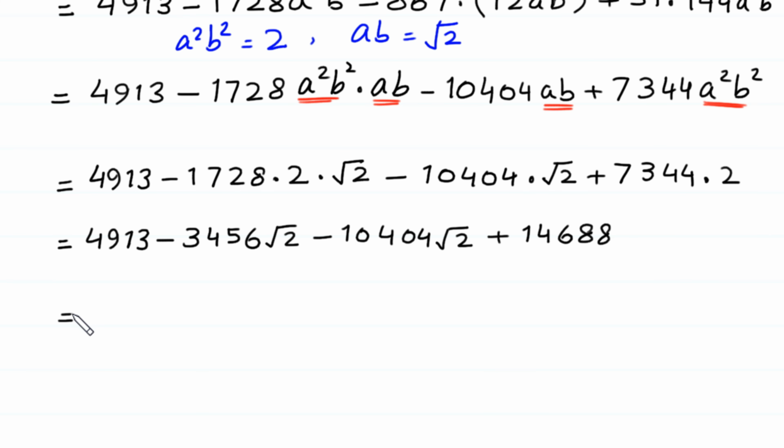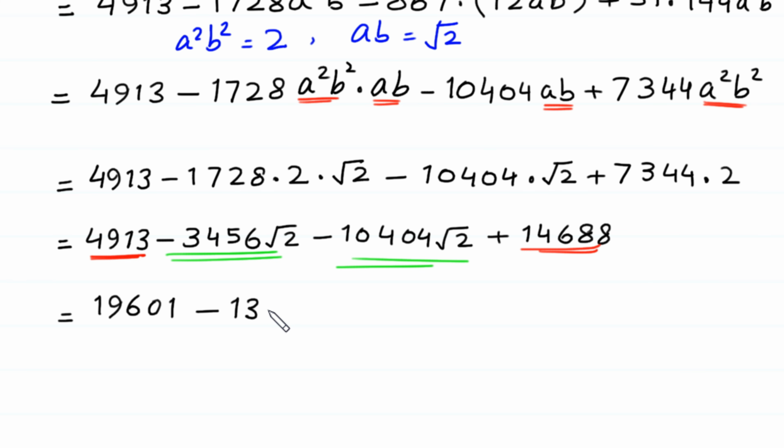Next, now we add these two terms, 4913 plus 14688, is equal to 19601, and these two terms, minus 3456 times square root of 2 minus 10404 times square root of 2, is equal to minus 13860 times square root of 2.